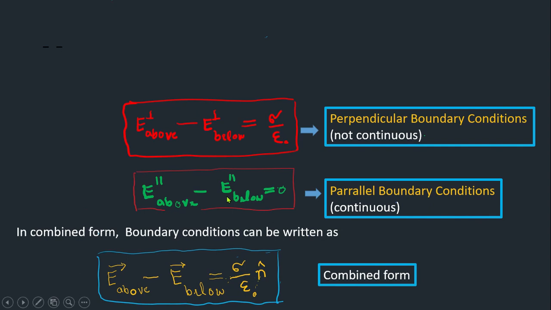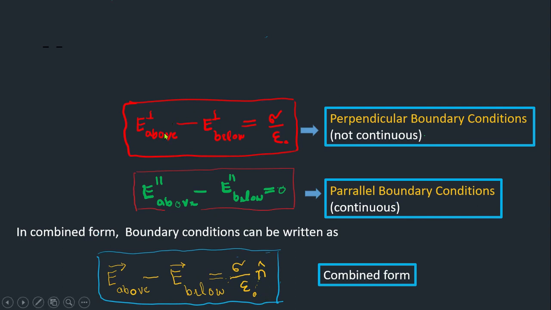If we combine these two boundary conditions, then we can write E vector above minus E vector below. This is the electric field above the surface, this is the net electric field below the surface. The difference of these two electric fields must be equal to sigma over epsilon naught n cap, where n cap is the direction perpendicular to the surface.